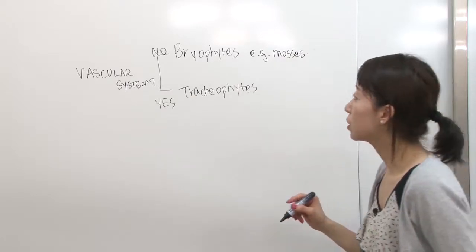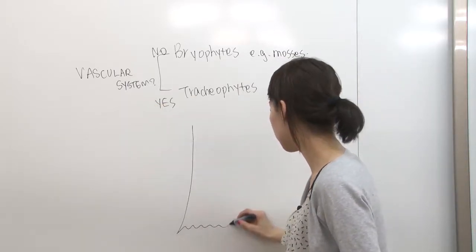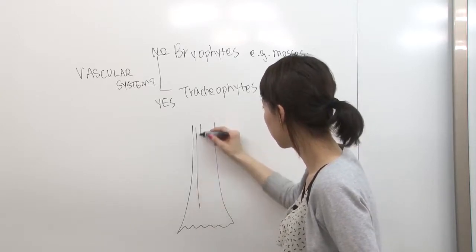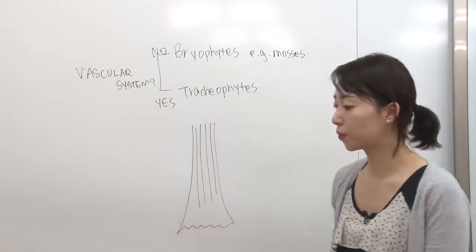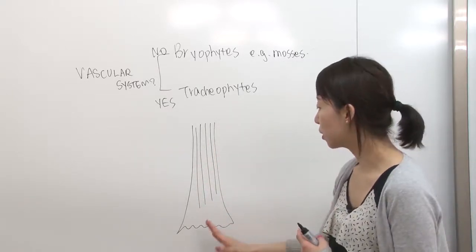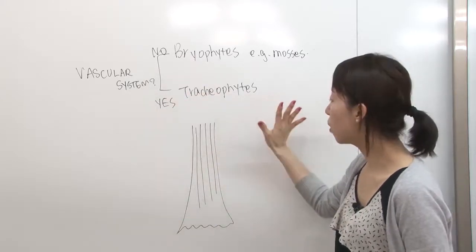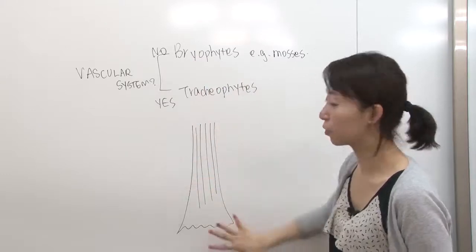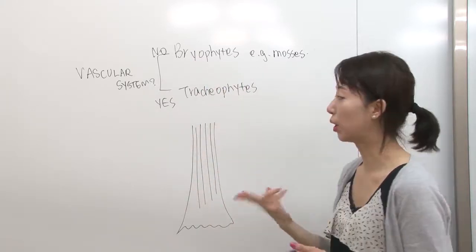The definition of vascular system is just when you look at a tall tree, you have these transfer vessels, right? These vessels are for the transport of nutrients, water, and sugars from the ground to the shoot system, the leaf system, or from the leaf system to the roots. So from top to bottom, they transport water, nutrients, and sugar.